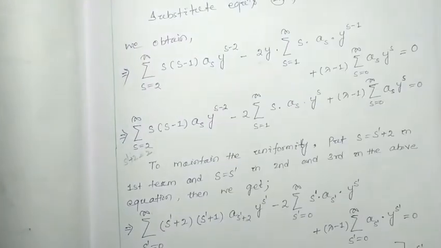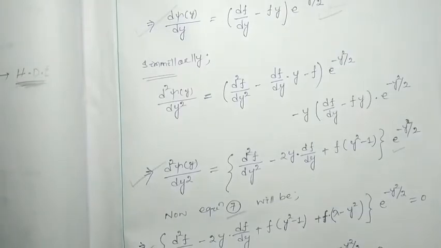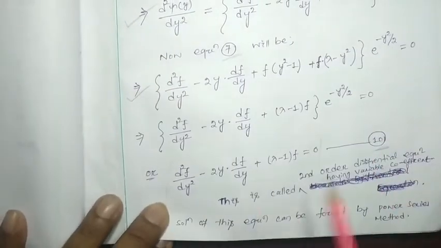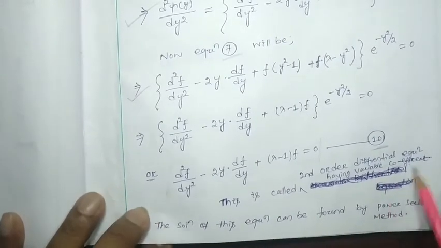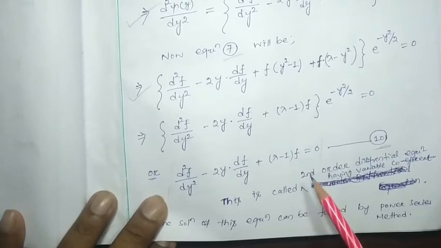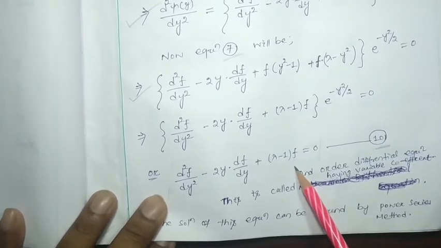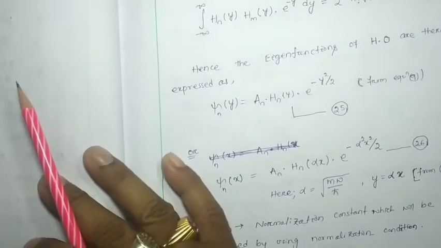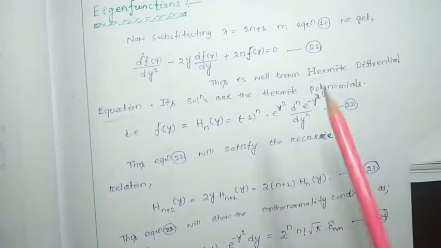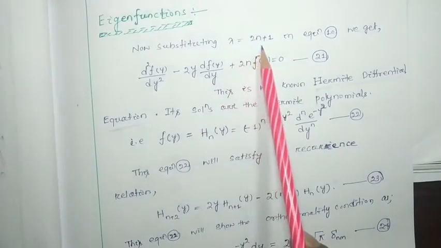This is a second order differential equation with variable coefficients, which we solved using the power series method. The acceptable value of lambda we found is 2n plus 1.